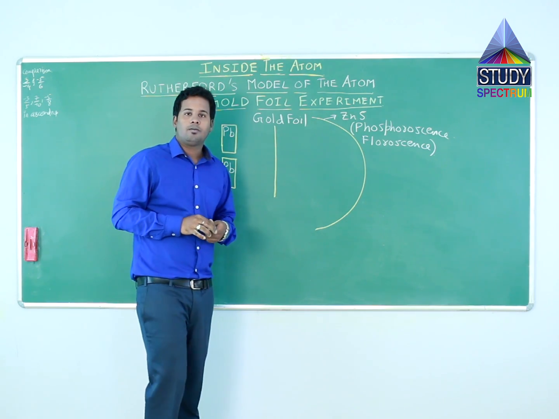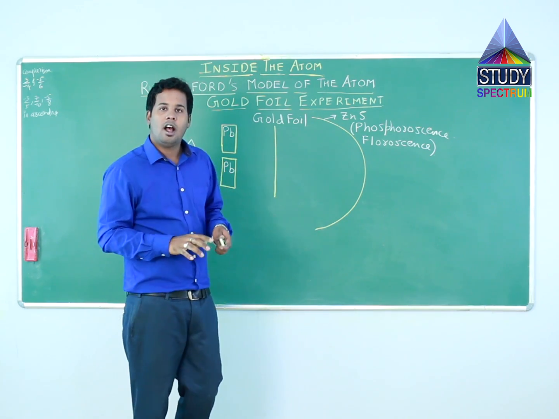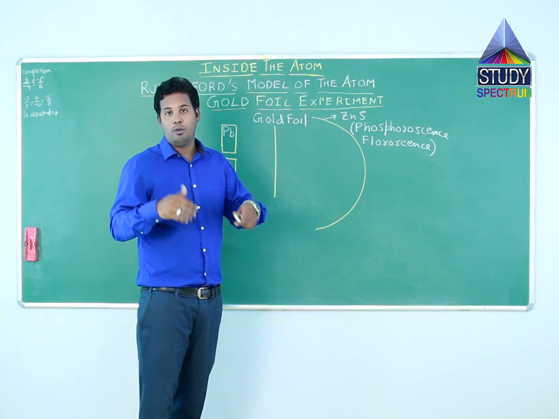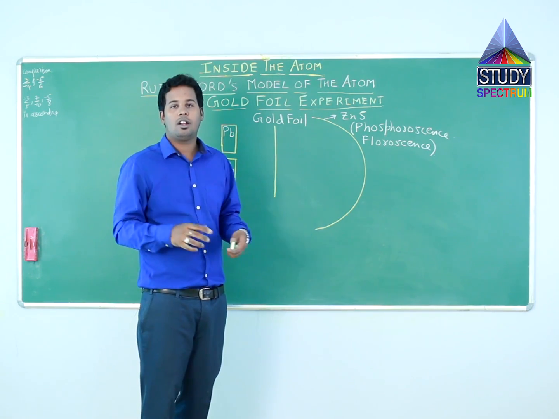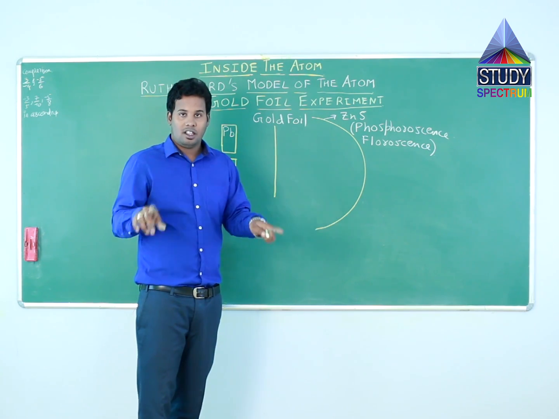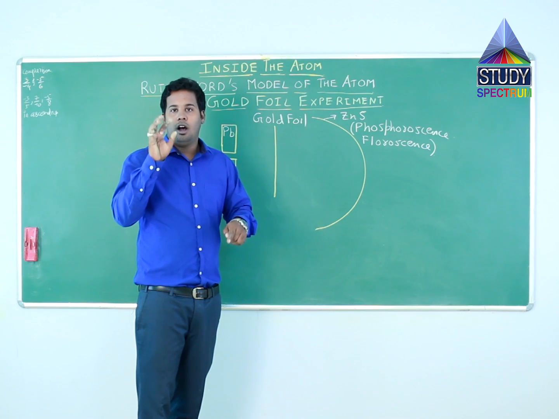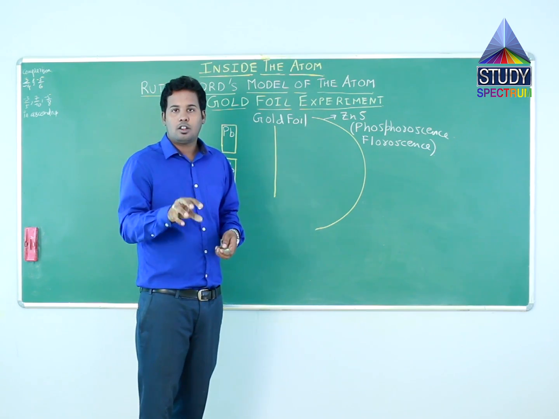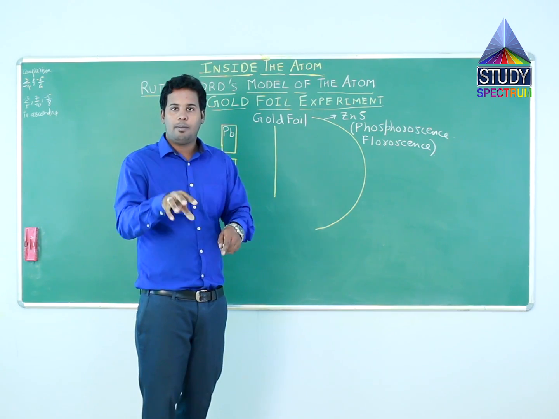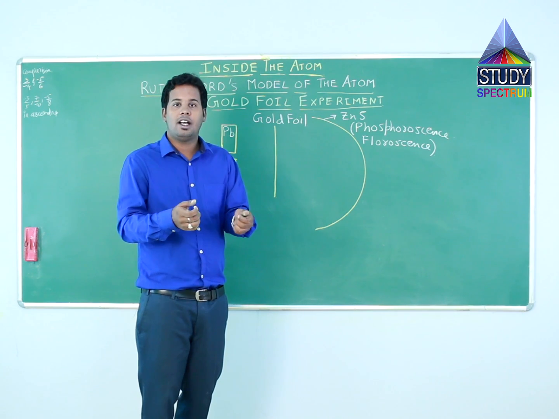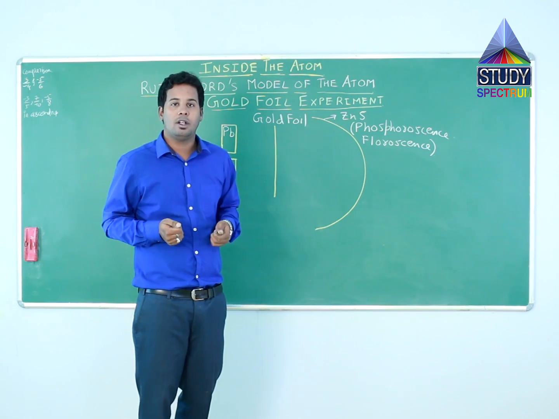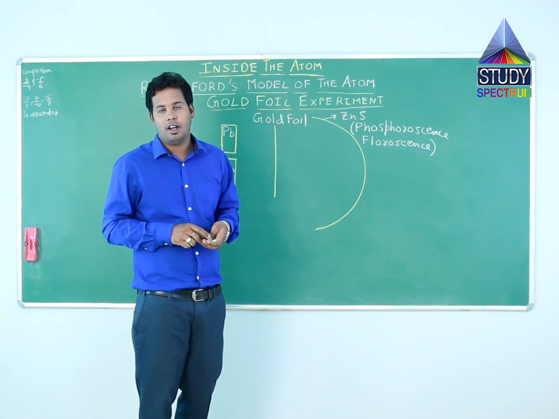In reality, if you ever get a chance to read about a nuclear reactor, the dustbins where nuclear waste is stored, where that garbage is kept, are made up of lead. Why? Because it has the ability to absorb alpha particles or radioactive rays.